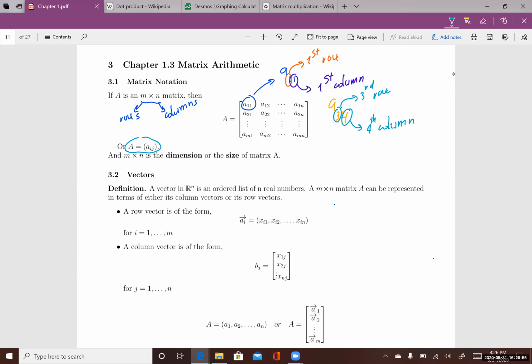A matrix can be written in this form: big A, matrix A, equals parenthesis little a with indices ij, where i is the row number, so i is from 1 to m, and j is the column number, so it should be from 1 to n.